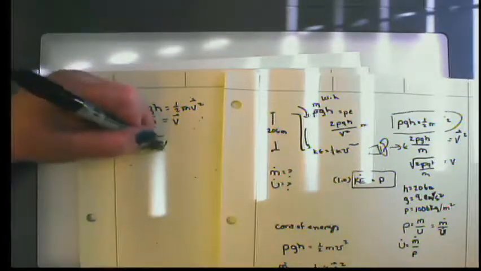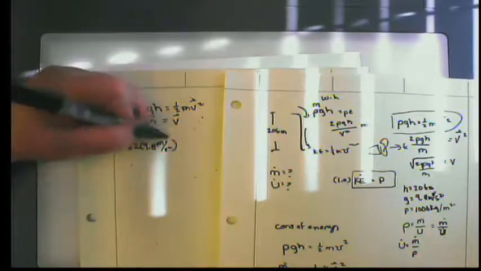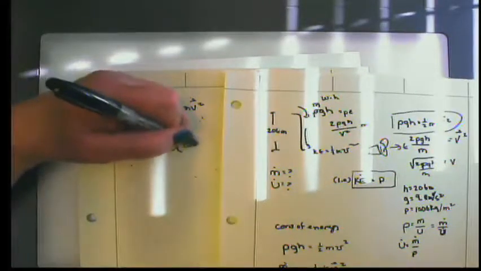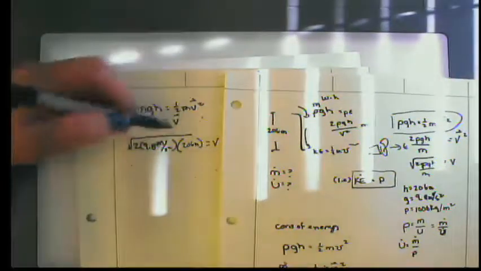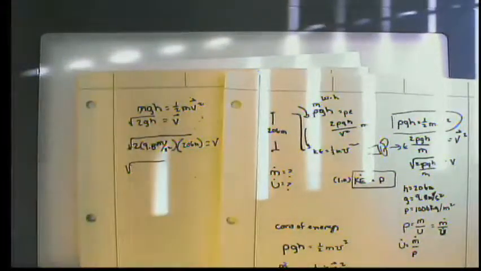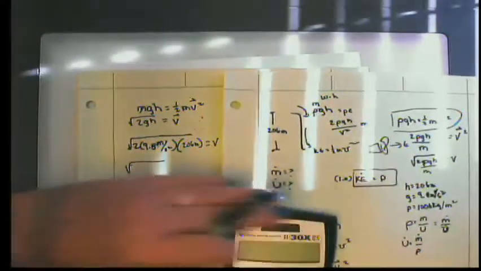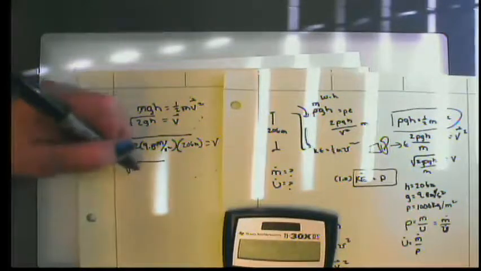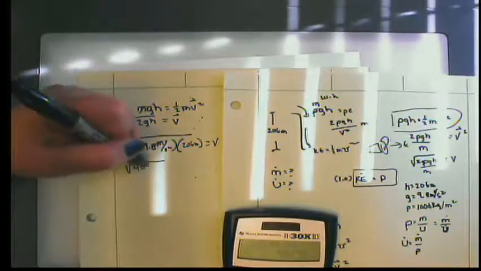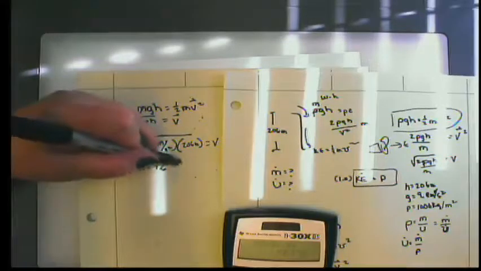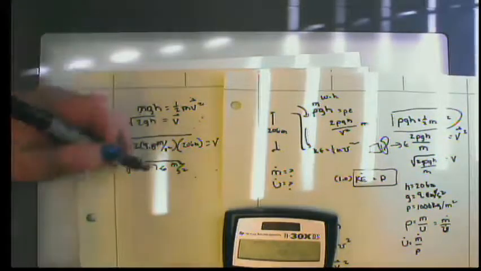This is meters per second squared, and my height is 206 meters. That equals my velocity. So I get the square root of 2 times 9.8 times 206, which is the square root of 4037.6, units would be meters squared per second squared under the radical.